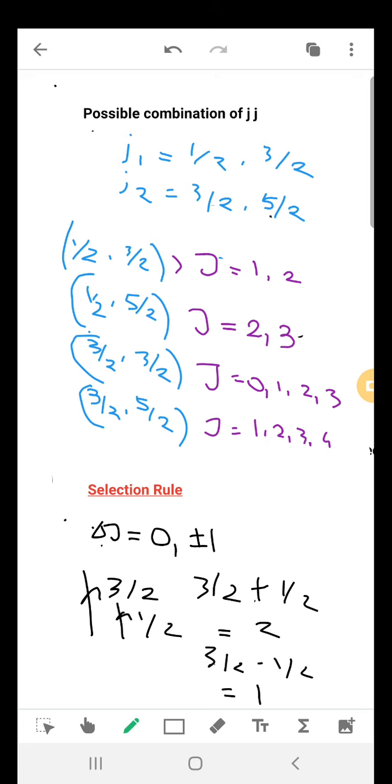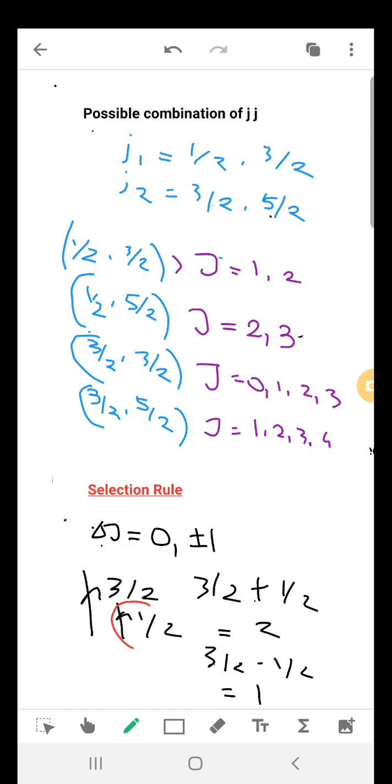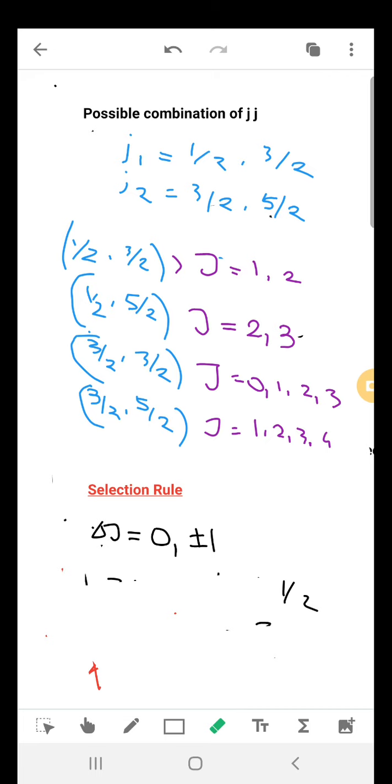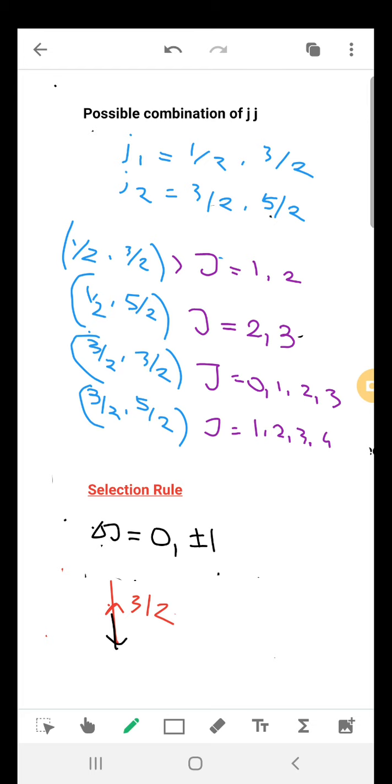The 3 by 2 spin can add up with this spin to make the total 2, or it so happens that this is say 3 by 2, then the 1 by 2 may act in the opposite form.